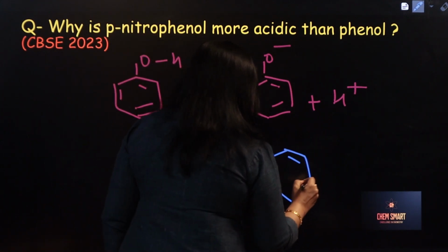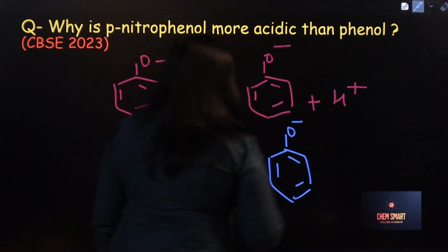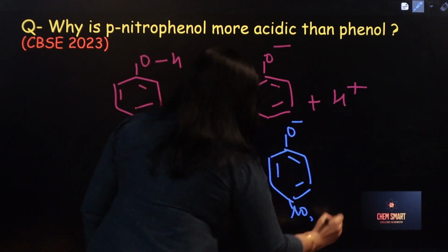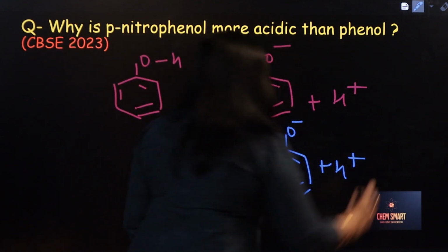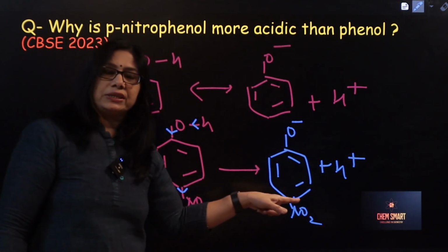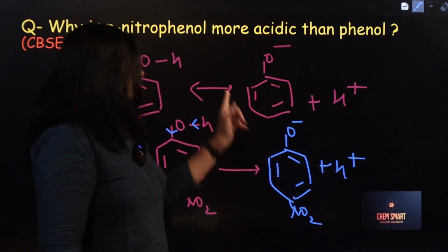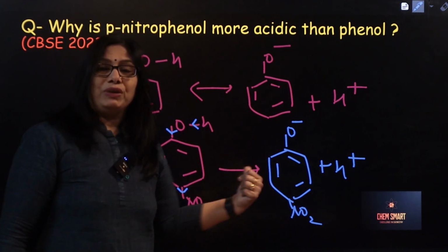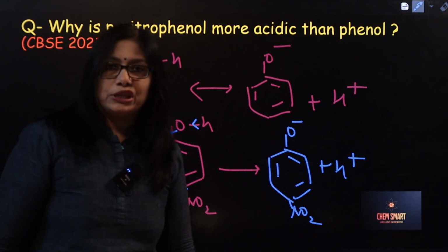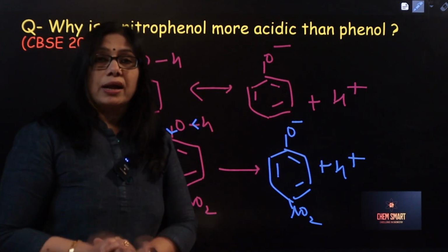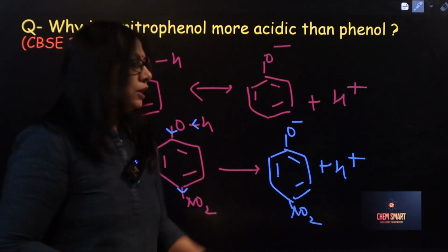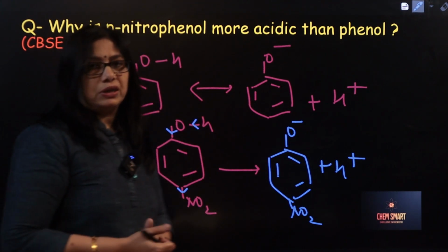Its conjugate base is this one, paranitrophenoxide ion plus H plus. So we can say this dissociation is more feasible compared to this one because of the weak or more polar nature of the OH bond. Easier release of H plus means it is a stronger acid than the other one. So paranitrophenol is more acidic than phenol.